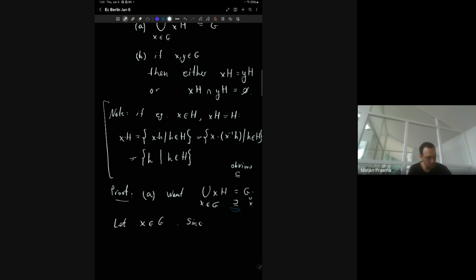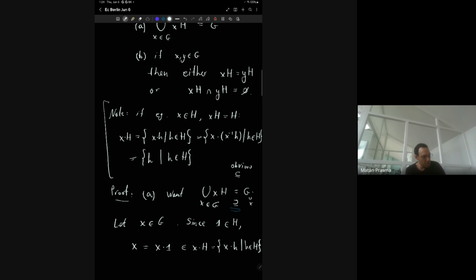Since 1 is an element in H, x, which can be written as x times 1, is an element in xH. Because xH, I remind you, is just x times h, where h is taken arbitrarily from the subgroup H. In particular, I can take small h to be 1.